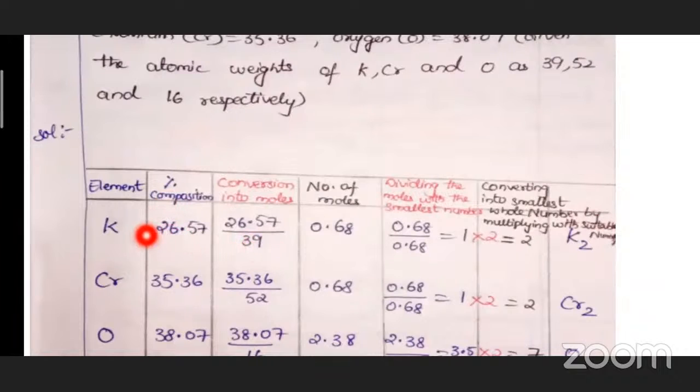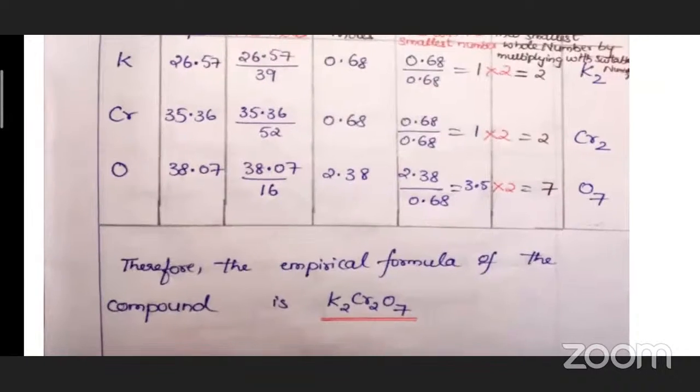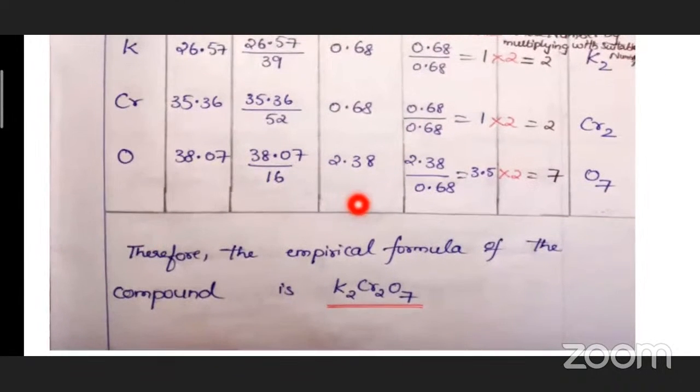For example, in this problem the weight of potassium is 26.57. So we are converting it into moles. We have to divide 26.57 by 39, so we get the number of moles of potassium. Similarly, we do the same thing for chromium as well as oxygen.